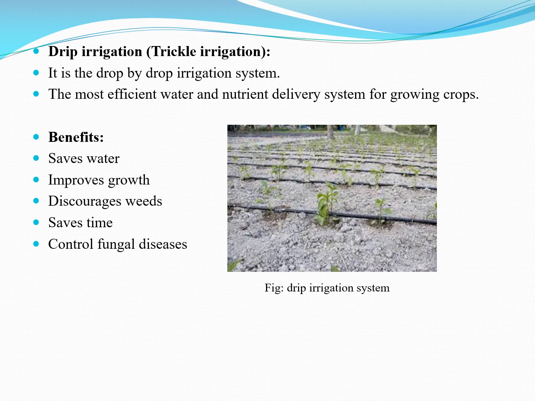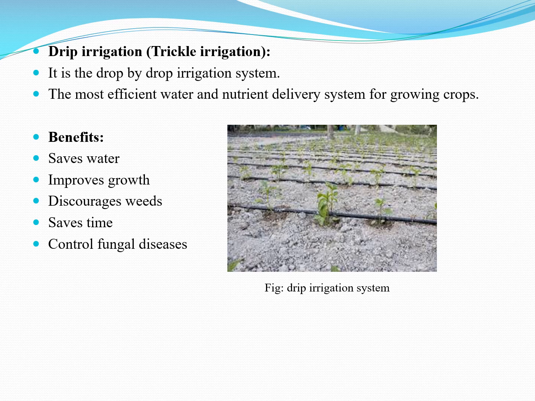To the root zone of plants the water is applied through drip nozzles placed at intervals of about 0.5 to 1 meter, and these emitters discharge the water at a very small rate, such as 2 to 10 liters per hour. See this drip irrigation system.